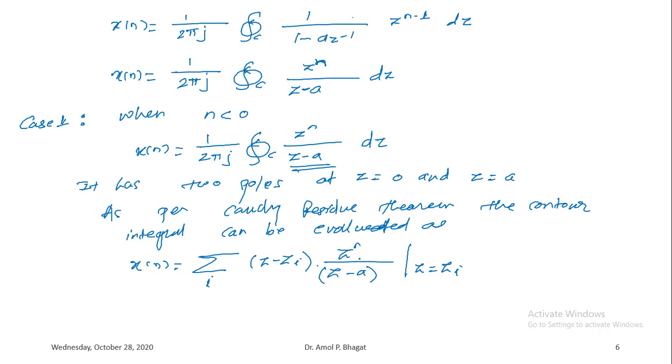We have x of n is equals to, for all i, z minus zi into z to the power n upon z minus a, I'm rewriting the last equation, evaluated for z is equals to zi.